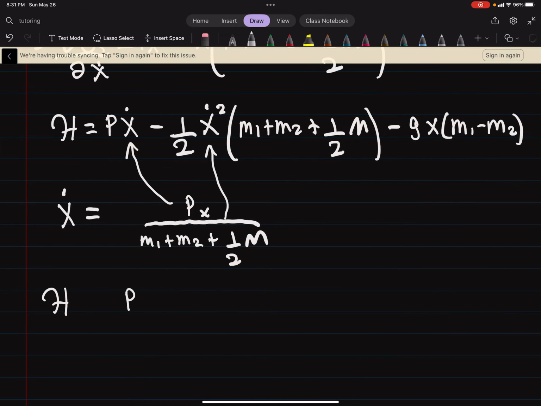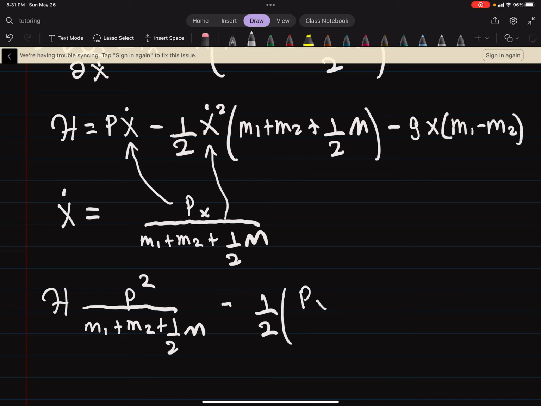We're going to get px squared over m1 plus m2 plus 1/2 big M, minus 1/2 times px squared over this denominator squared, but that's going to cancel with one term right here.